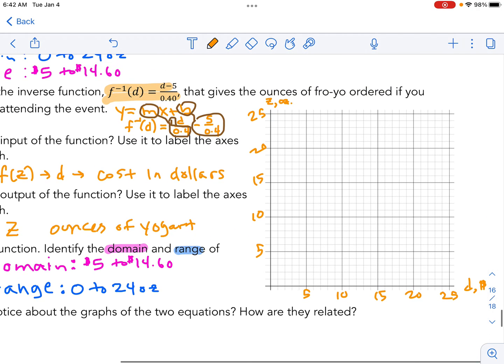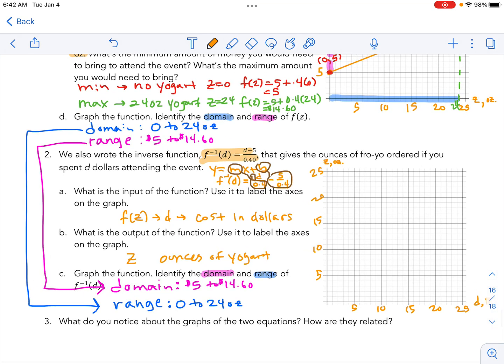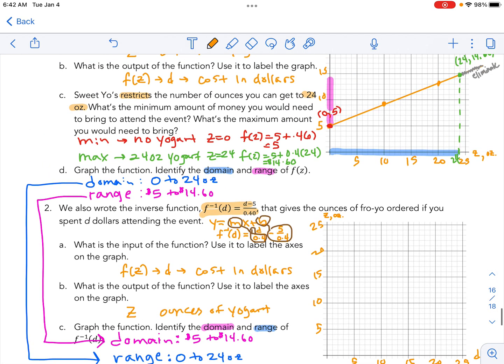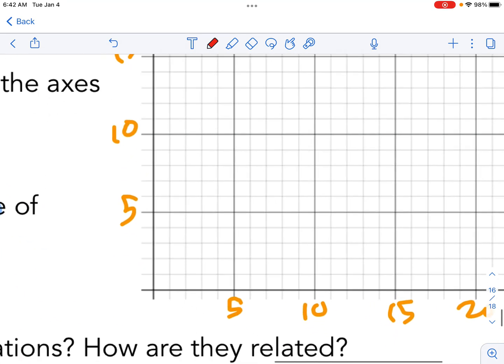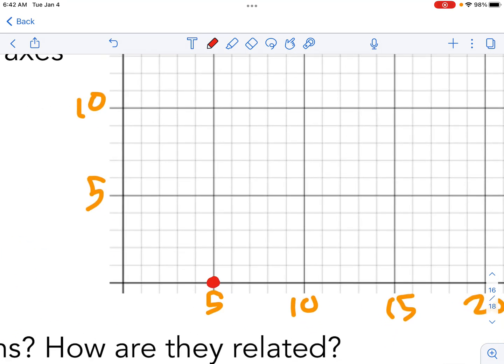Okay, and so like I said, the easiest way to graph this inverse is because we've got a couple of points. We have a beginning and an end, and we know it's linear. We're just going to flip the x's and y's. So instead of 0, 5, this becomes 5, 0. We're flipping the x's and the y's. So 5, 0 is right here.